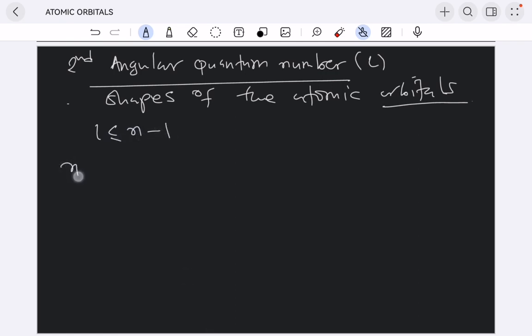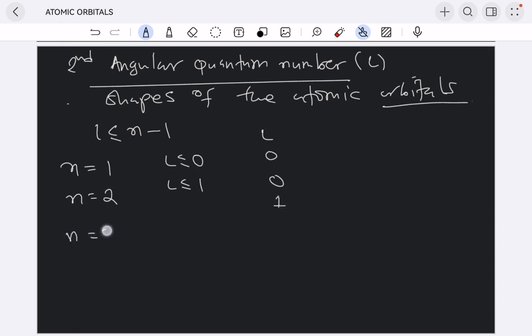Therefore, if n is equal to 1, then using that formula we can say l is less than or equal to 0, which means that l is 0. When n is equal to 2, then l is less than or equal to 1, which means that l can be 0 or 1.